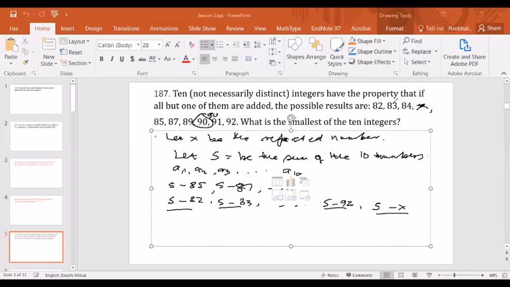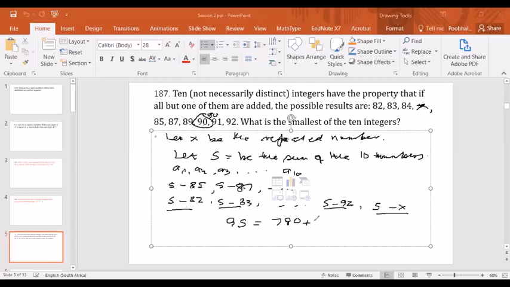So your 10 numbers are 82, 83, all the way up to 90, 91, 92. Okay? And now you want to know what is the smallest of the 10 integers. So now we have to see what S is, and we saw that 9S is equal to 783 plus x.